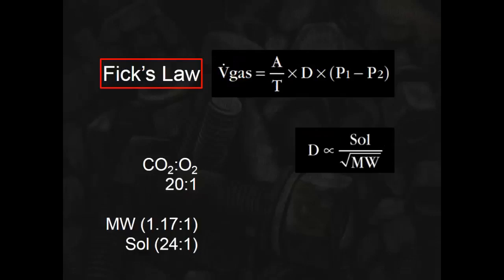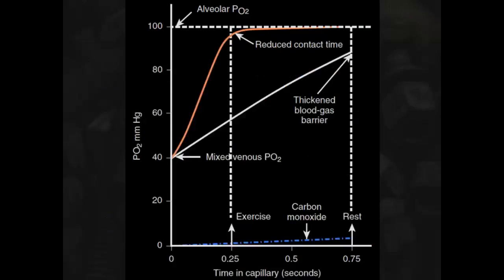We talked about Fick's law. Remember, CO2 diffuses much better than oxygen, 20 times better than oxygen, so you probably will be dead from hypoxia before you have CO2 poisoning. But we still have COPDers who have enough oxygen and have high CO2. So we'll talk about that in a minute.